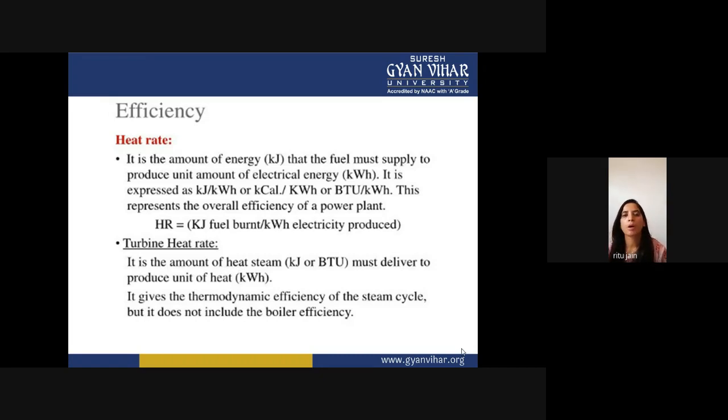It is the amount of heat, in BTU, the steam must deliver to produce one kilowatt hour. It gives the thermodynamic efficiency of the steam cycle, but it does not include the boiler efficiency. So this is about the efficiency which must be calculated for a power plant.